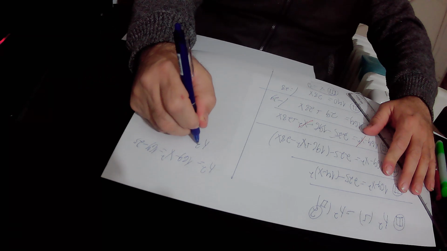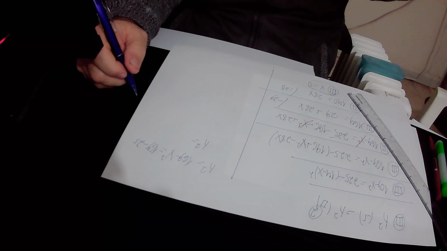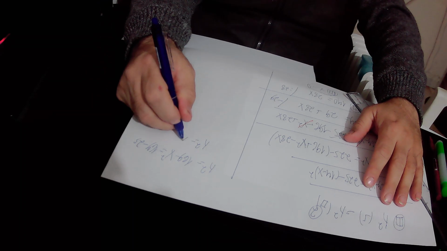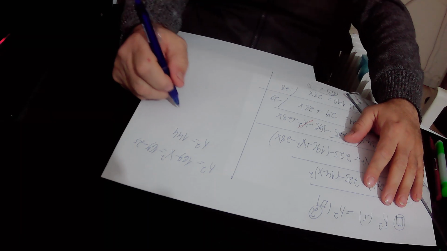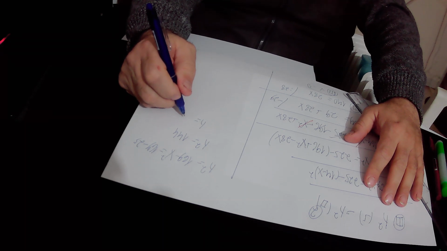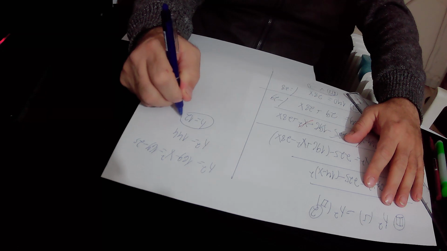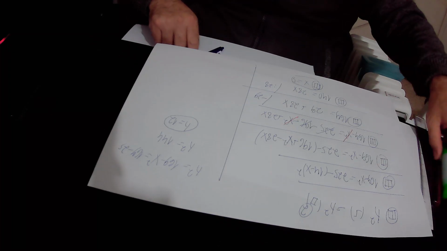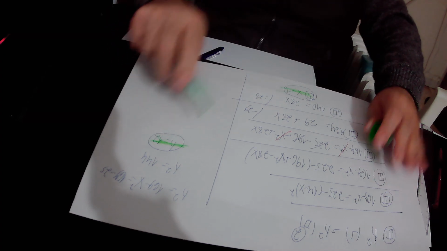So h squared equals 169 minus 25, which is 144. We'll take the root of this equation and we get that h equals the square root of 144. The square root of 144 is 12. So I found out that h equals 12 units.